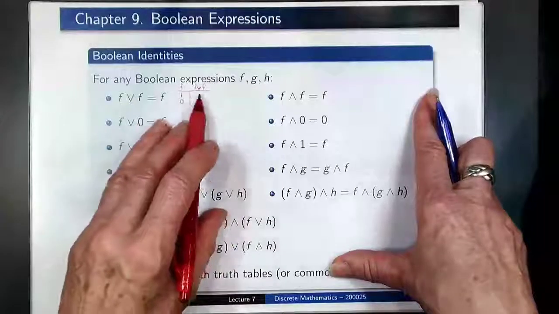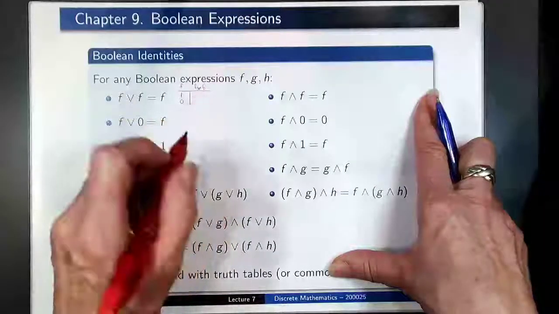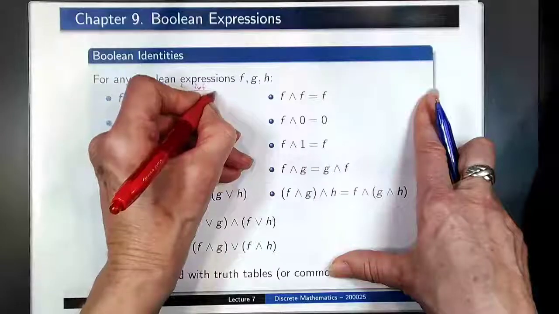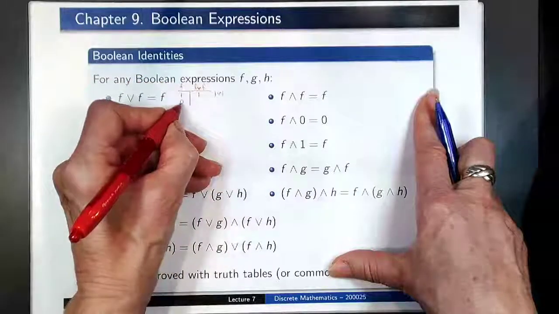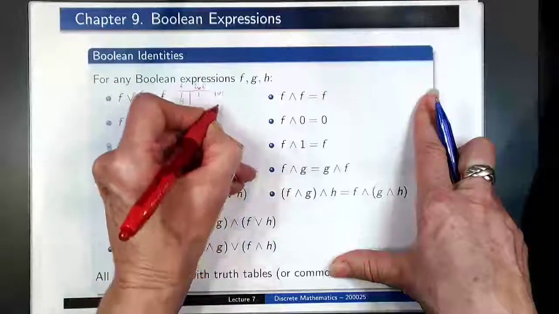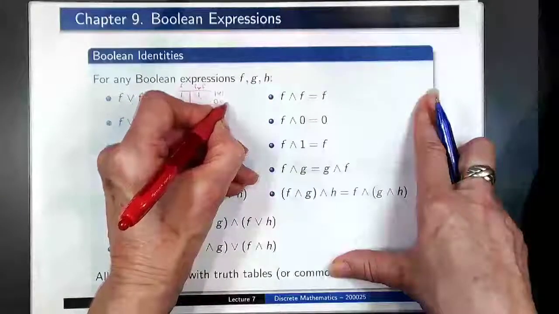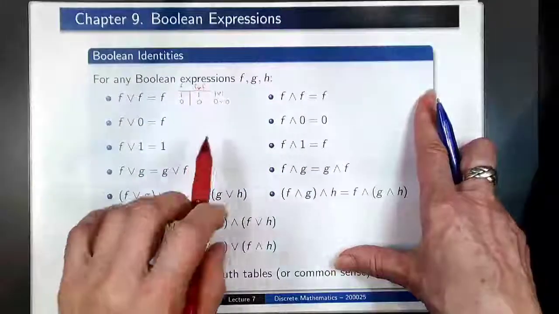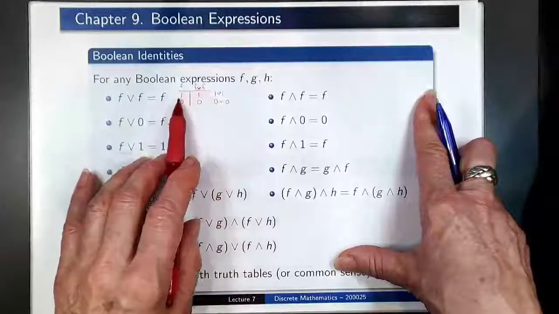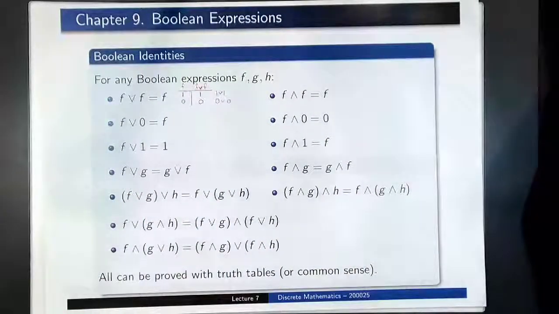If F is 1, then F or F is 1 or 1, but 1 or 1 is 1. If F is 0, then F or F is 0 or 0, and 0 or 0 is 0. So that says that F or F has the same value as just F itself.